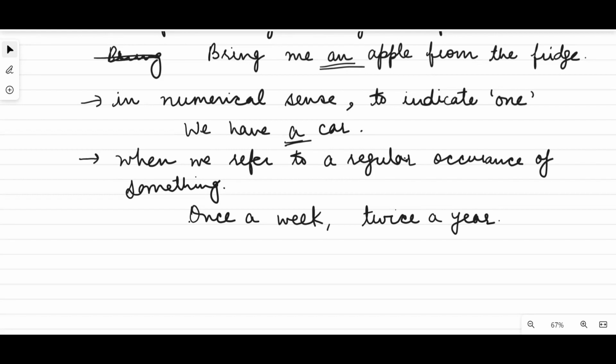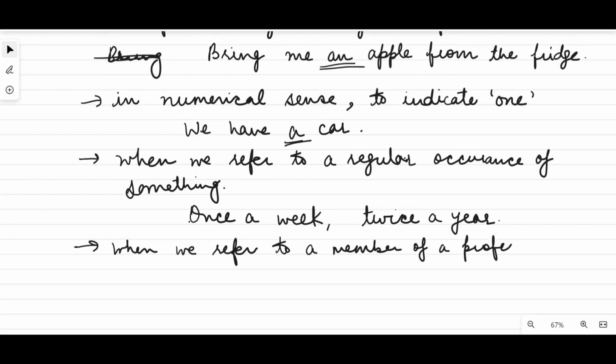Next is when we refer to a member of a profession or group.